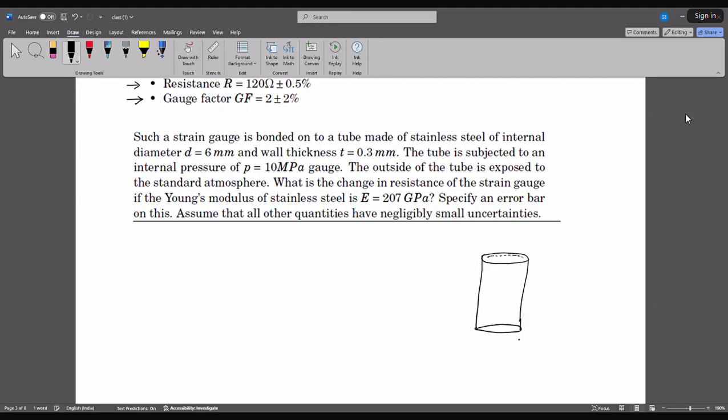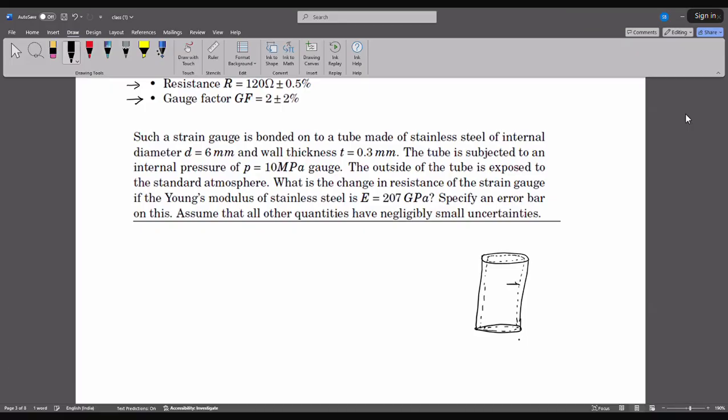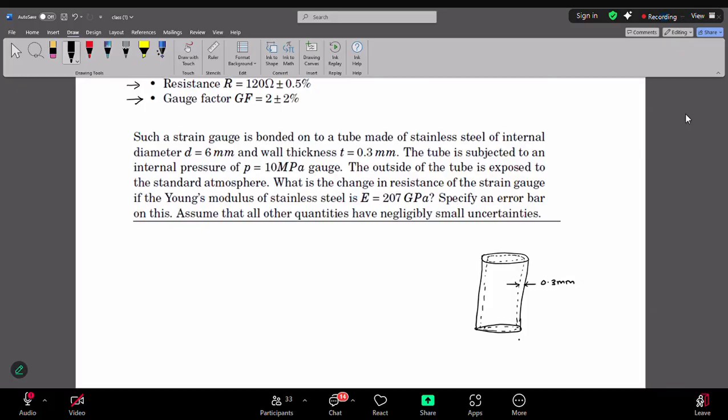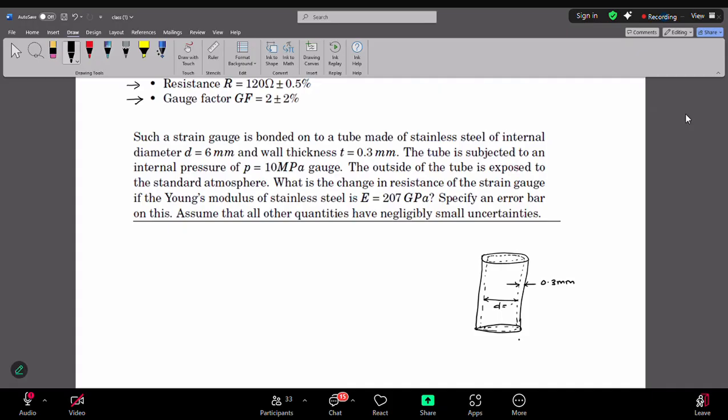That means it has a wall thickness, and this wall thickness is basically 0.3 mm, and the diameter is 6 mm.